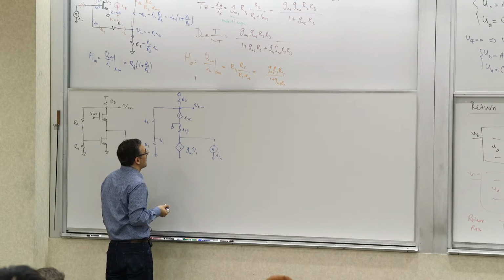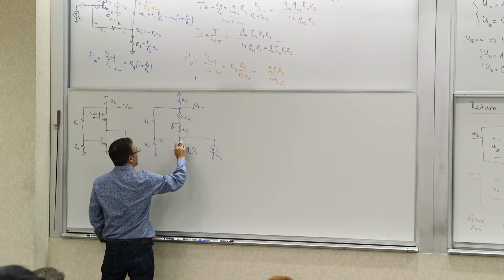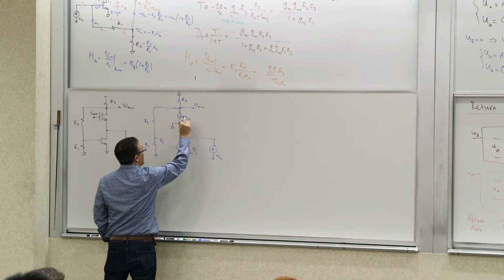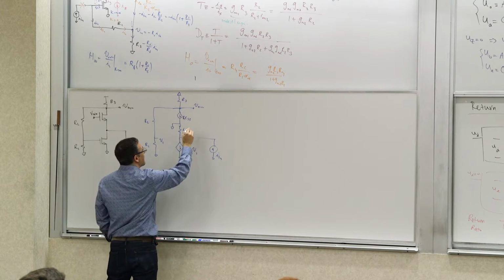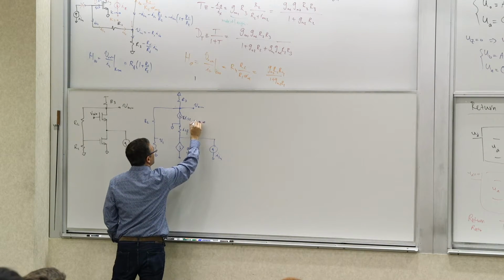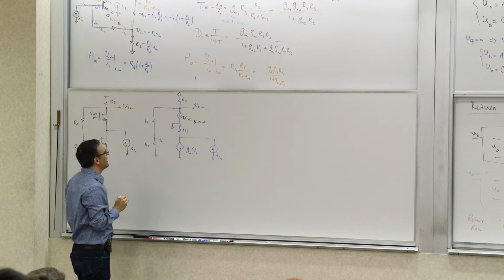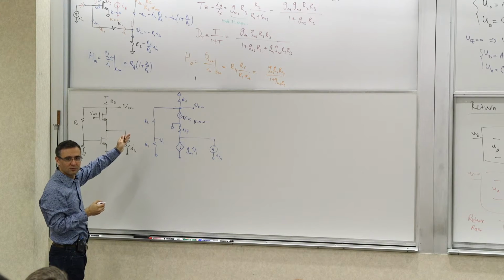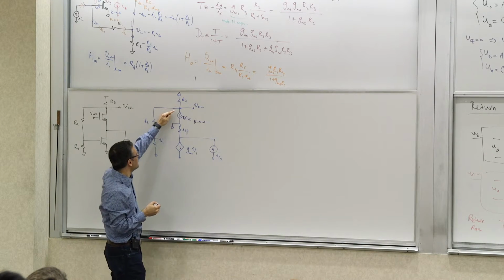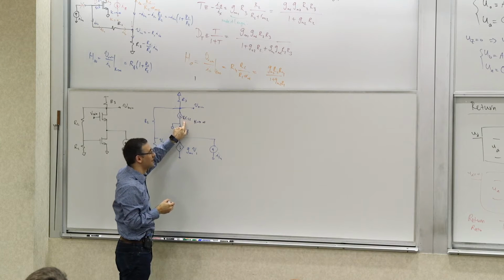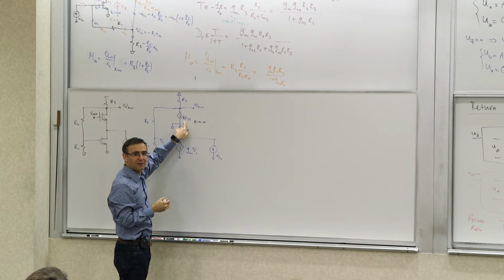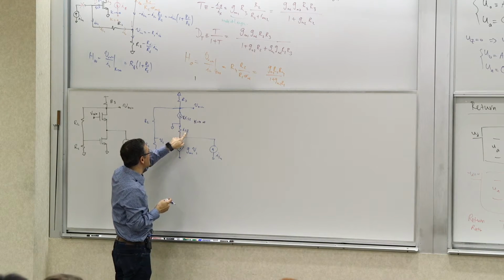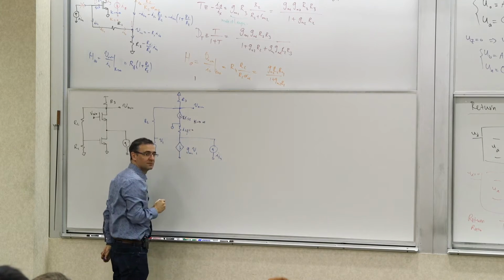What source do we pick? We can pick any of these sources. Let's pick this one, so we make this K IS2, and for H infinity, we let K go to infinity. We have checked the sign of this feedback; we know it's negative feedback from before. So we are trying to produce a finite output with an infinite dependent current source with a gain of infinity, which means the only way this works is that this is going to be 0.